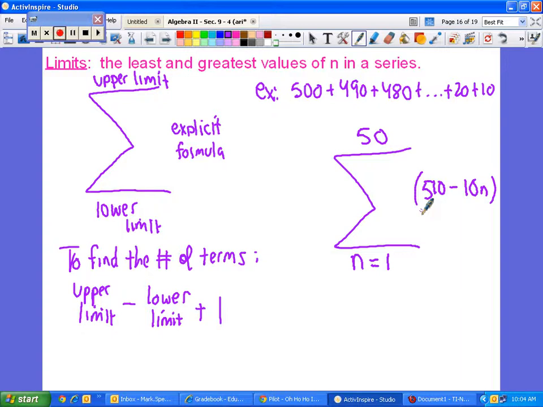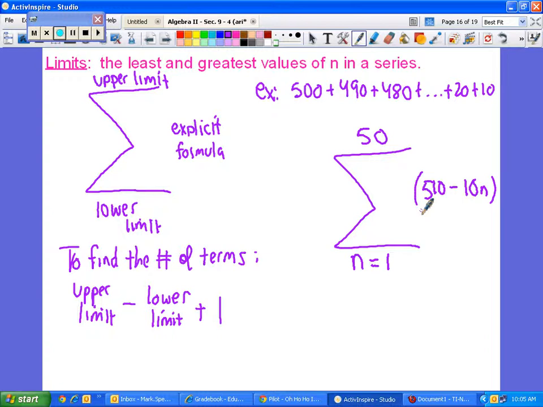These numbers are going to change from problem to problem, but what goes here is going to stay the same. The upper limit always goes on top. The lower limit goes on the bottom. The explicit formula goes here on the right.